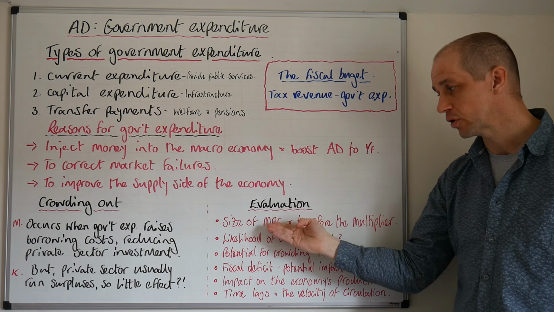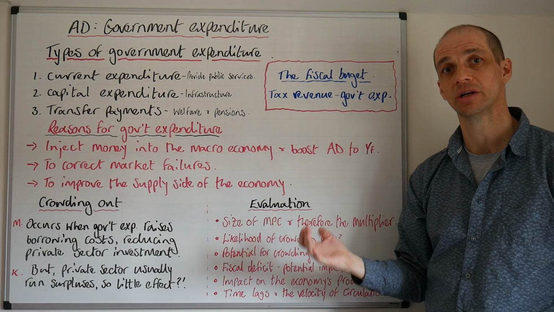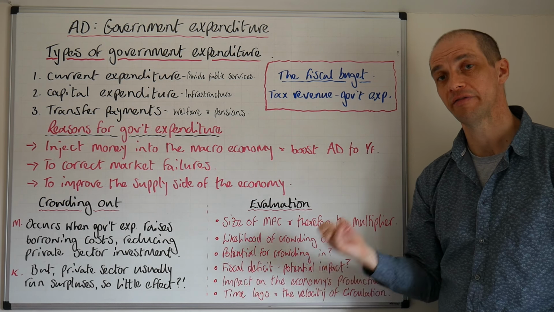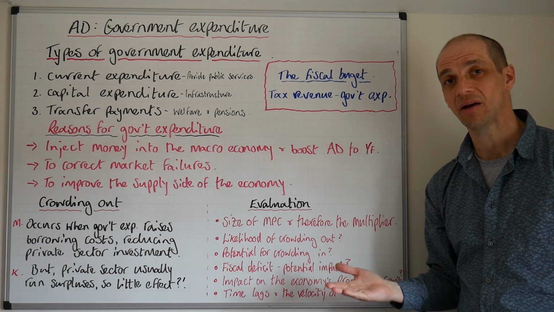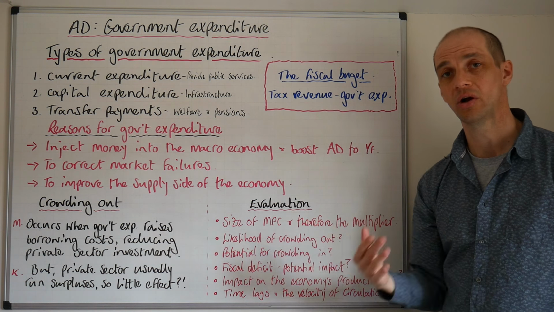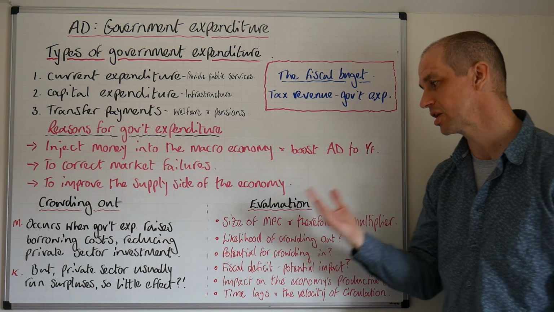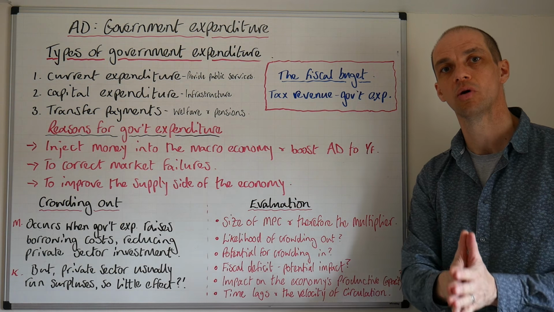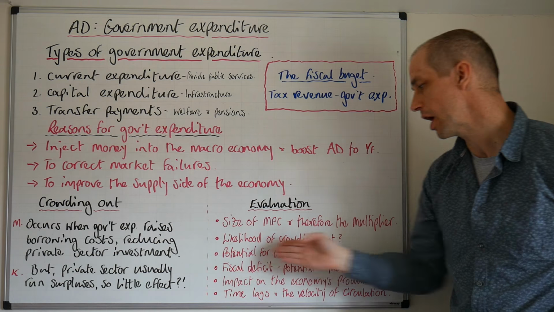If you've got a small multiplier, then the actual impact of the injection is likely to be very small. Okay, likelihood of crowding out. So how likely is this scenario to play out? Again, it's going to depend upon your viewpoint, but just posing that question is significant there.